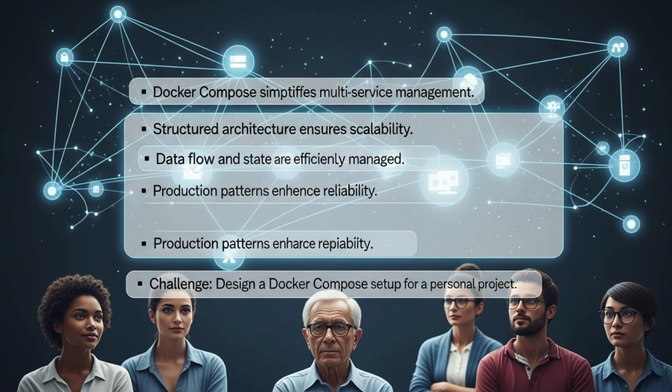You now understand how data flow and state are efficiently managed across different services, from front-end interactions to persistent database storage. And finally, we highlighted how implementing production patterns enhances reliability, security, and data integrity for your applications. By mastering these concepts, you're well equipped to build more sophisticated and manageable AI systems.